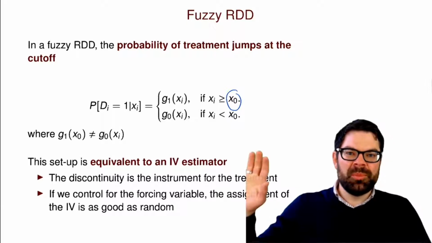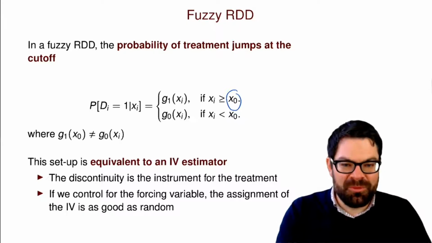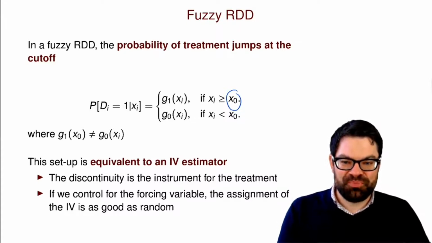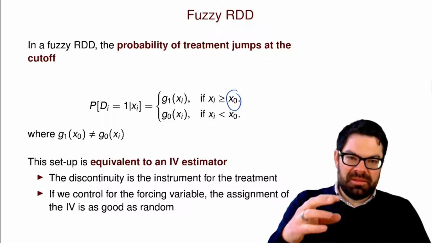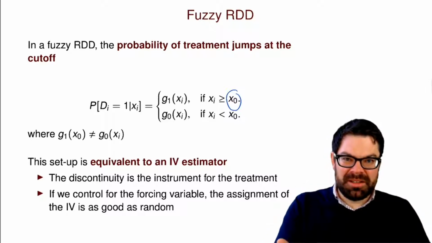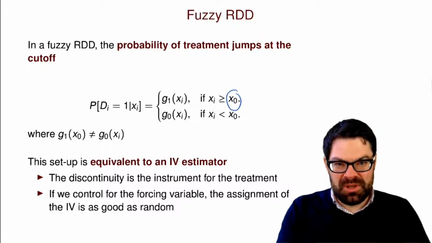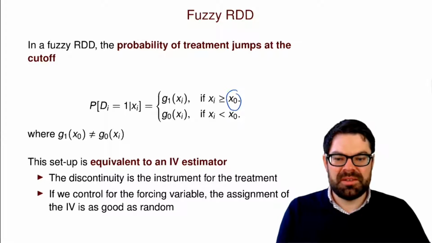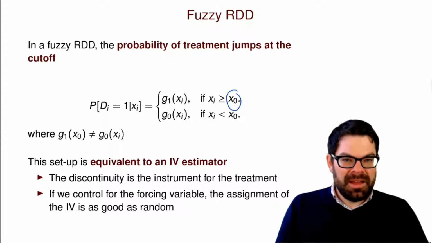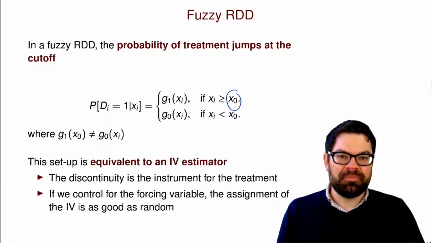But even people below the discontinuity can take the treatment, though they're not offered it or encouraged. So the treatment probability may jump at the discontinuity if we have a strong first stage, if units comply with the assignment that is done by the discontinuity. And that mechanically works like an IV estimator.